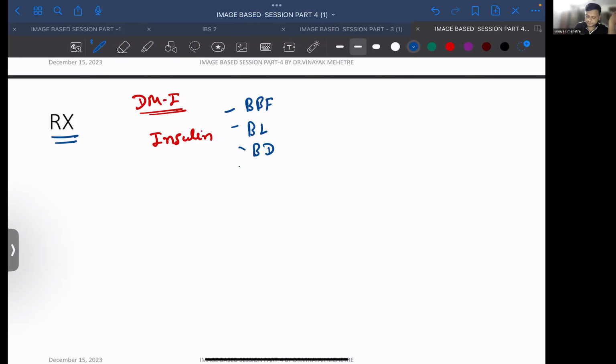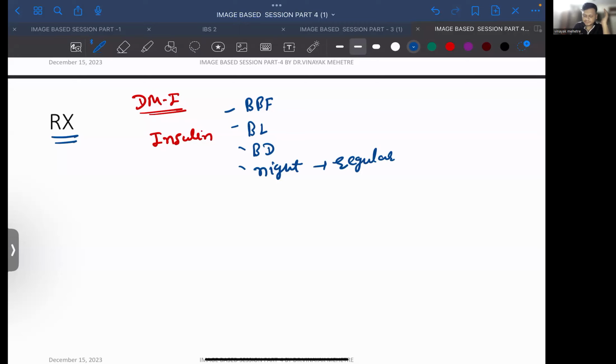Before patient is going to sleep, that is in the night. Which insulin will be given before night? नाइट में कौन सा देंगे? That will be regular insulin. Reason? It has more timing, right? वो लंबा एक्ट करता है. That's why we will give regular insulin in the night.